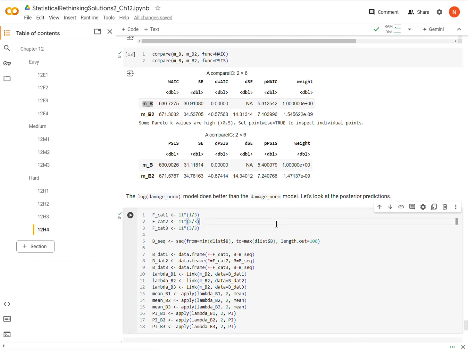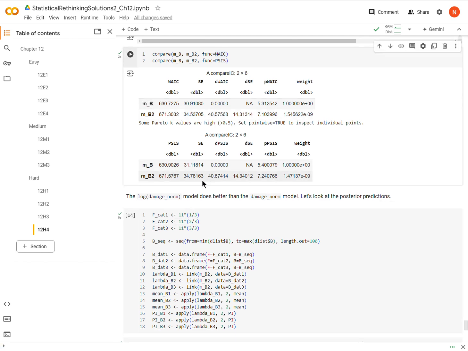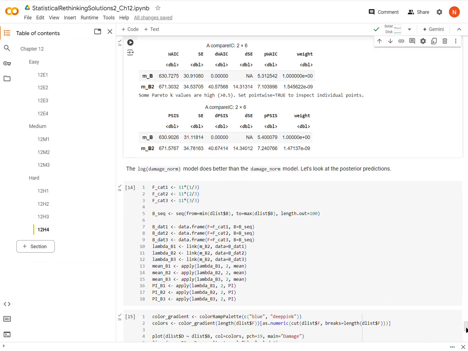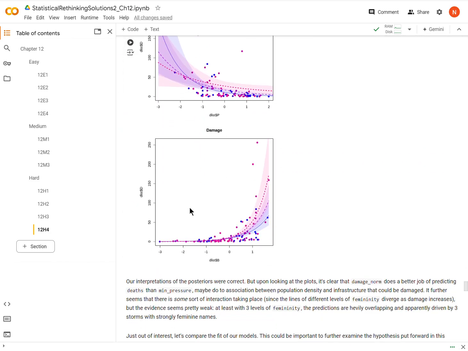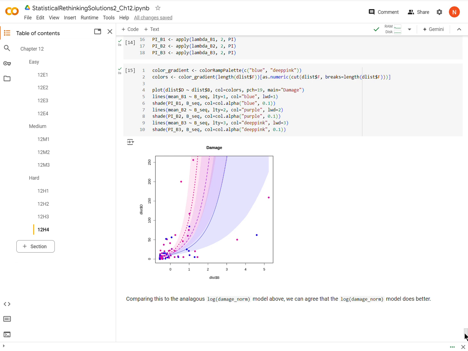Then, for a visual representation of how these models fit, I'm going to generate the same plot that we saw above, but now for the non-logarithm damage norm. Just take a look at the earlier image again, burn it into your retinas for a second, so that you can quickly compare it to this other model.